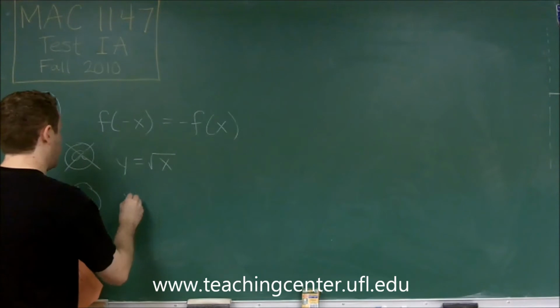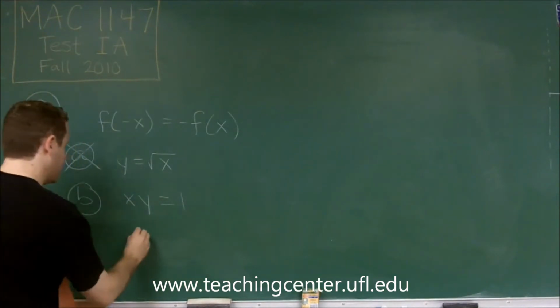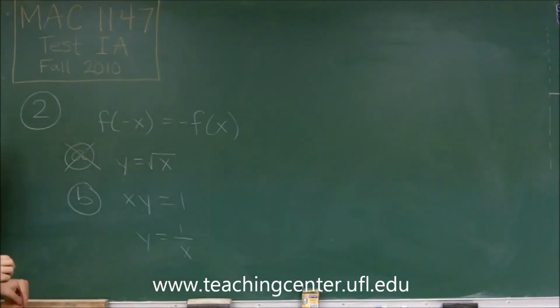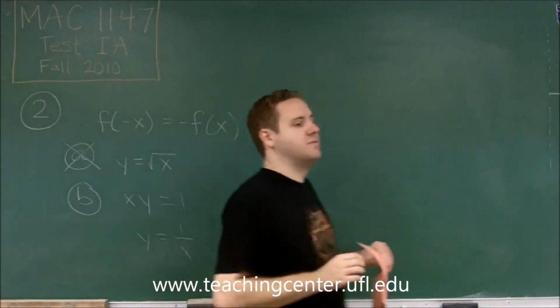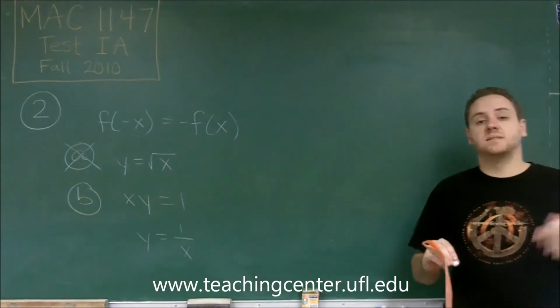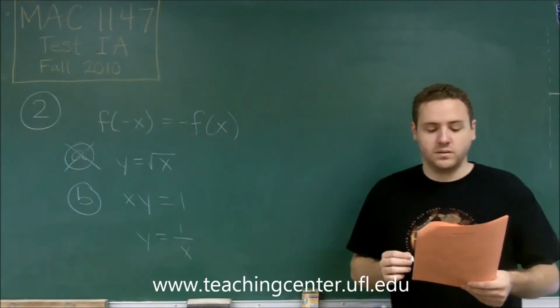So B, we have xy equals 1. Let's rewrite that as y equals 1 over x to make this a little bit simpler. Okay, so what this is saying is if this is an odd function, if we were to plug in a value for x and its opposite, we should get opposite but equal values for y.